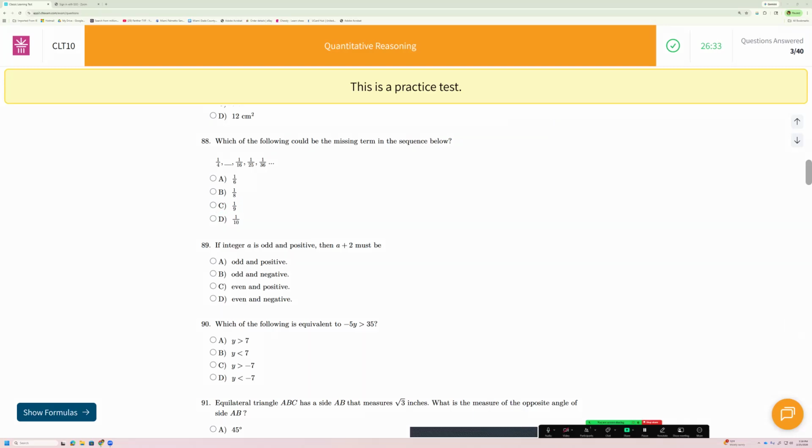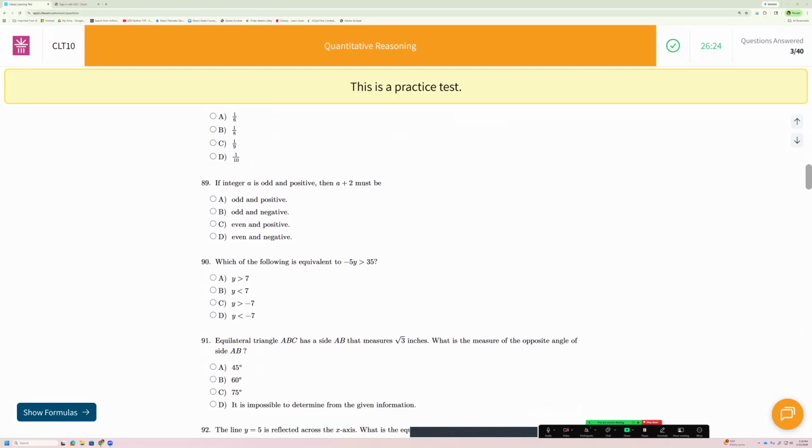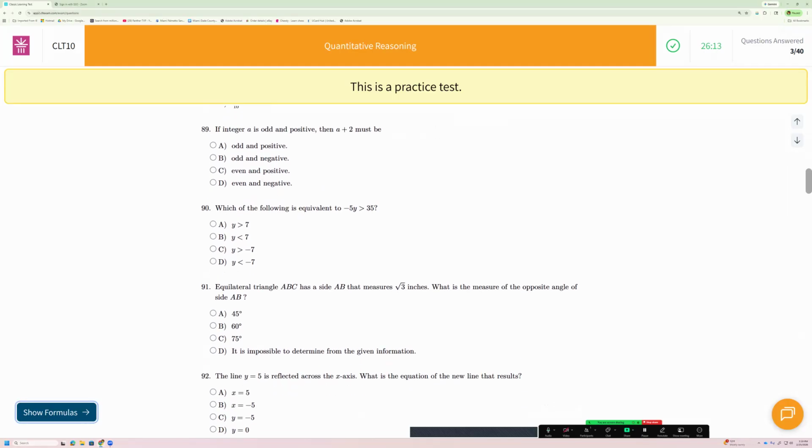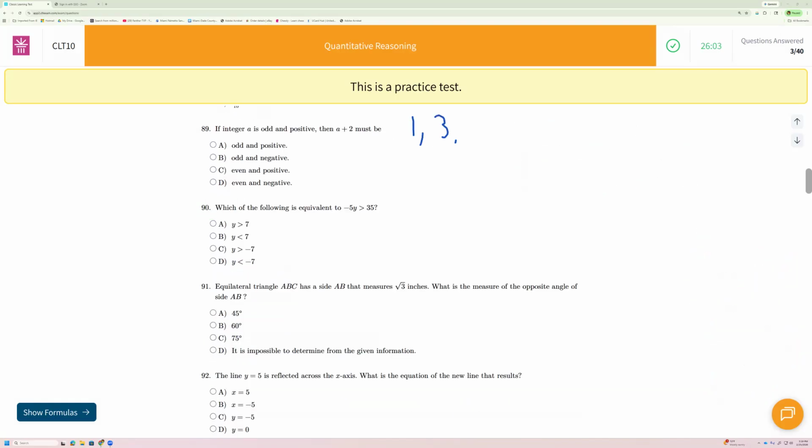Okay, now 89 says if an integer a is odd and positive, then a plus 2 must be. So what are odd and positive? 2, 4, 6 are even, so odd has to be a whole number that is positive, a positive integer. So I'm going to go with 1, 3, 5, 7.